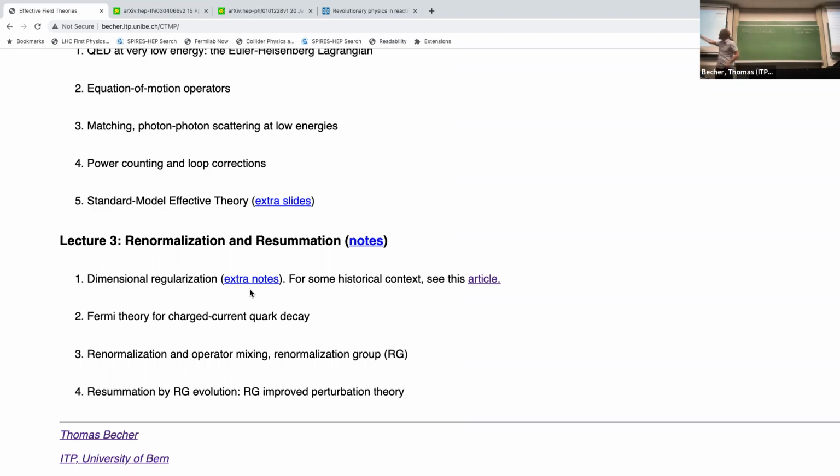And I've linked an article about this history. This is called Revolutionary Physics in Reactionary Argentina. So Buenos Aires had a very good physics department and the universities there were quite autonomous and good. And then there was a military coup. And the government said, well, of course, these scientists are all suspicious, and the university is now under government control.